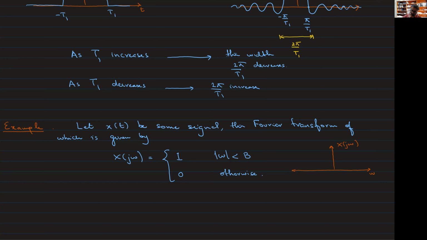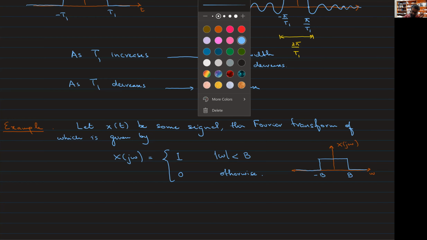So this is what it looks like. This is B. And what about the other side? This other side is minus B, right? So it's a square pulse in the frequency domain, which is of length 2B, right? What you're required to do is determine x of t.